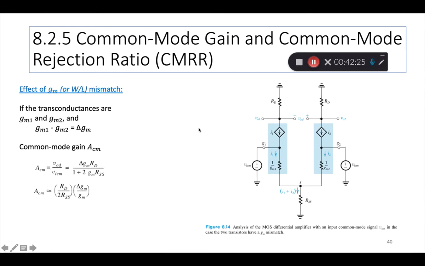Similarly, we have another condition where the Qs are mismatched. That means the GM of the two transistors are mismatched because maybe there's a W by L mismatch or a GM mismatch. Then also there is a common mode gain which is not 0, which can be given by this formula: RD by 2RSS times delta GM, which is the difference in GMs between the two devices, by GM.